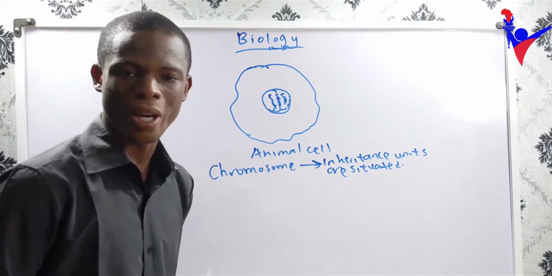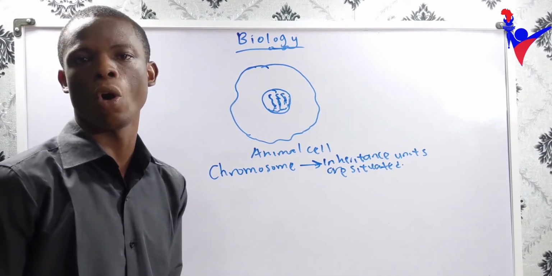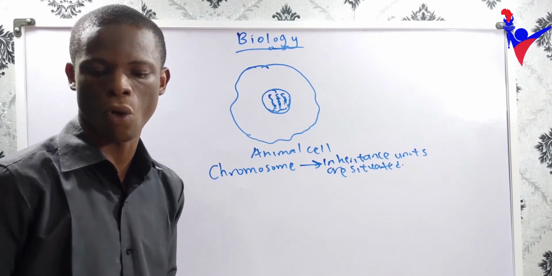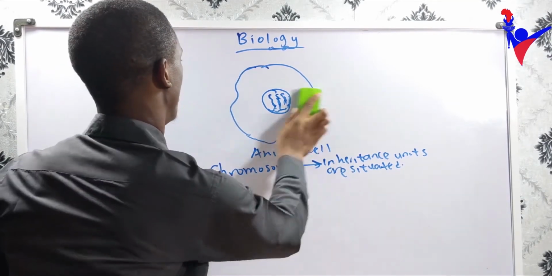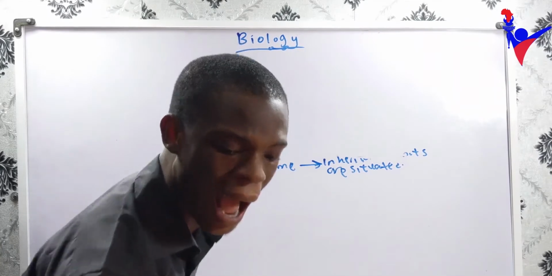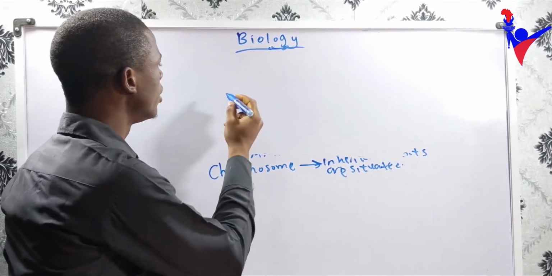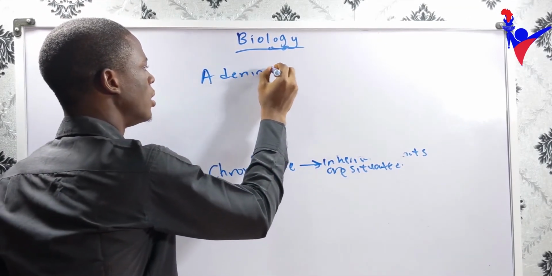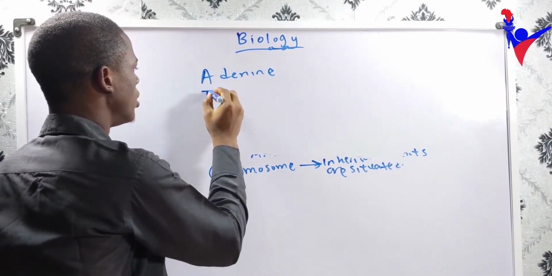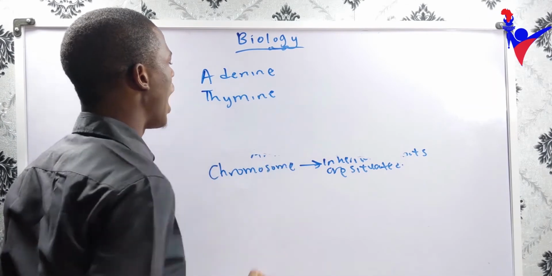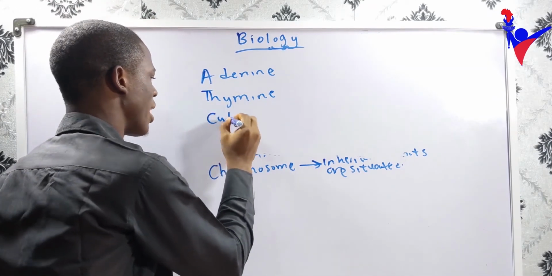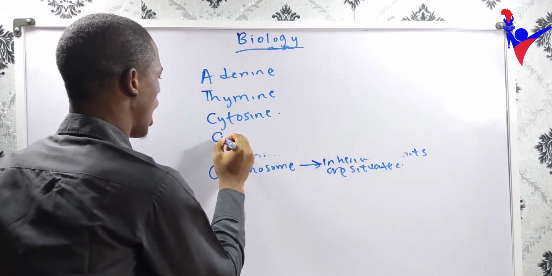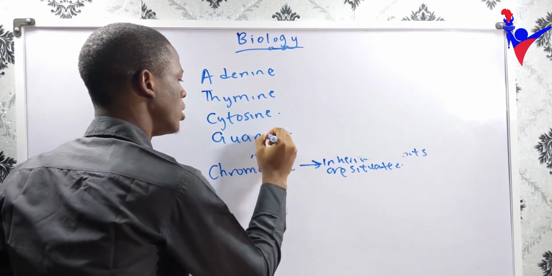So let's look at what DNA is made of. DNA comprises four major nitrogenous bases: adenine, thymine, cytosine, and guanine.